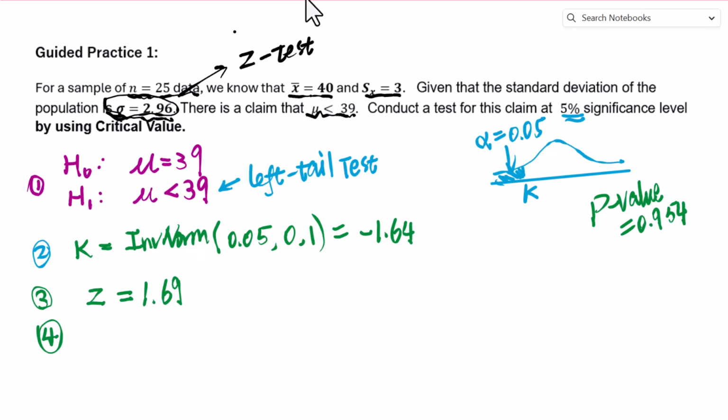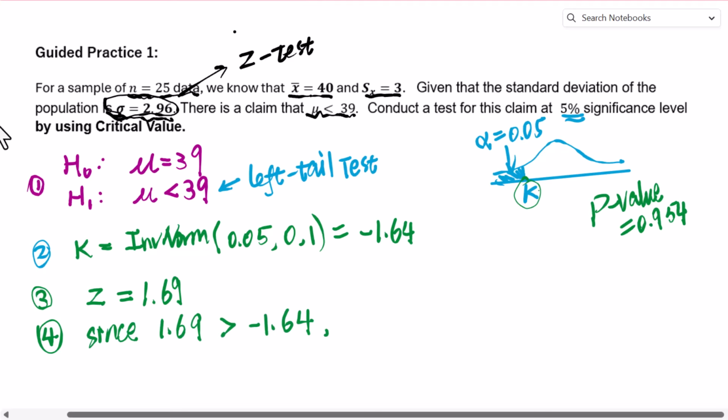Since z greater than this k, which is negative 1.64, and z is here, 1.69.